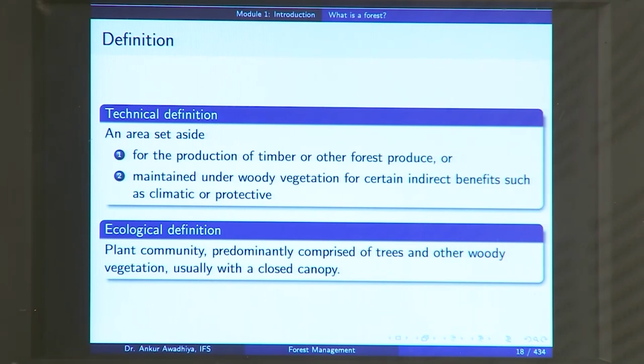Now, each of these definitions has certain nuances. So, for instance, when you talk about an ecological definition and you go to Rajasthan and you have a number of trees that are scrub trees, they are thorny trees and they are not making a closed canopy. So, as per the ecological definition, we would call it a scrubland, but we will not call it a forest.